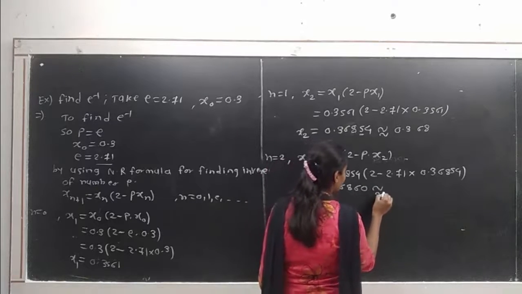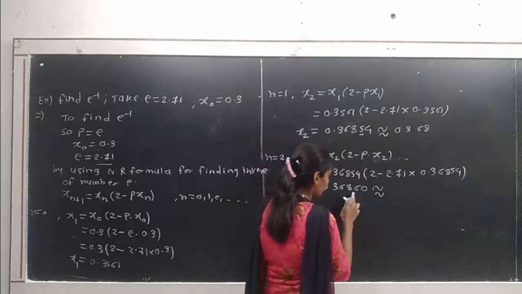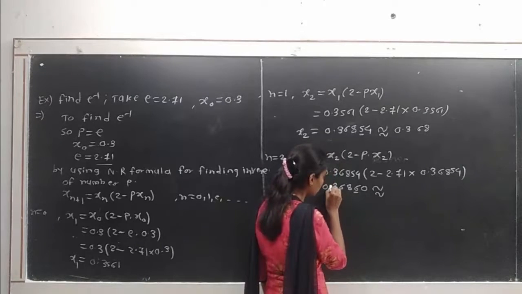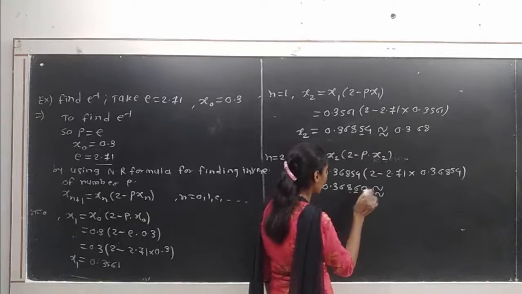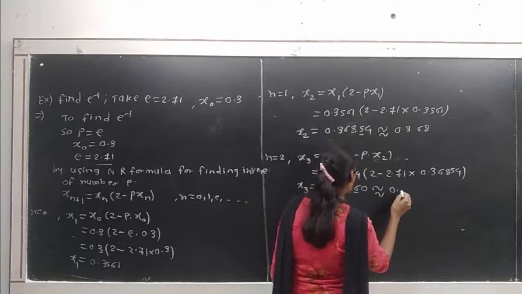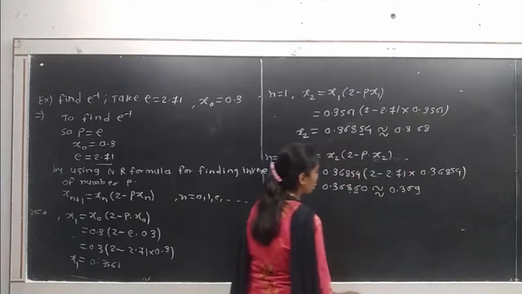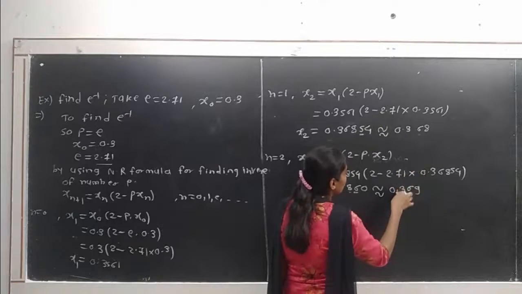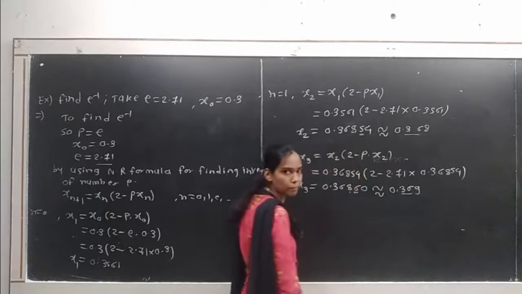If we round off this number up to 3 decimal places, the fourth digit after the decimal place is 6, that is greater than 5. Therefore the third digit is increased by 1 and the number rounds off to 0.369.